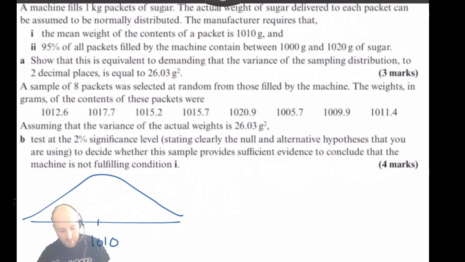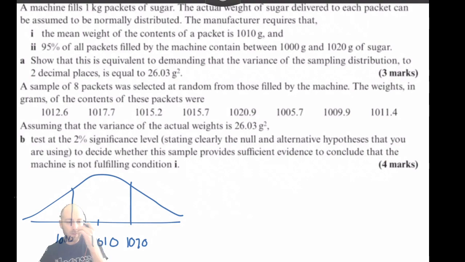And we know that 95% is between 1000 and 1020. There's an easy way and a hard way of doing this one. The super easy way is to go on 95%, and remember back to the other lecture, that's mu plus 2 sigma, and then just work it out like that.